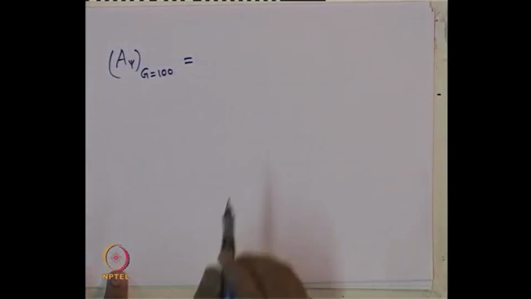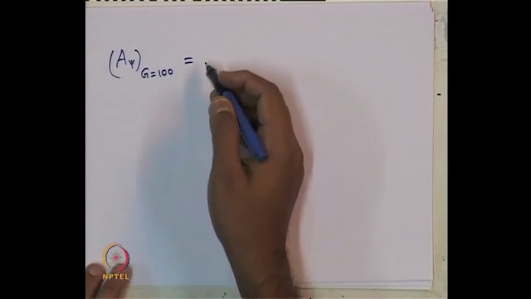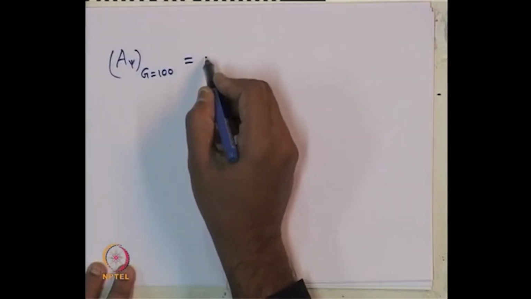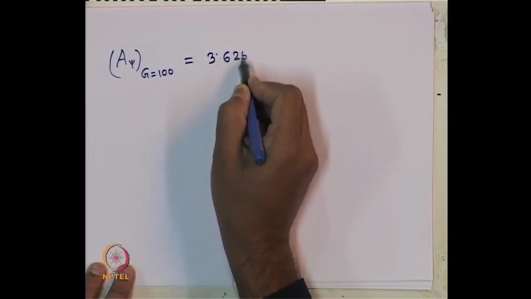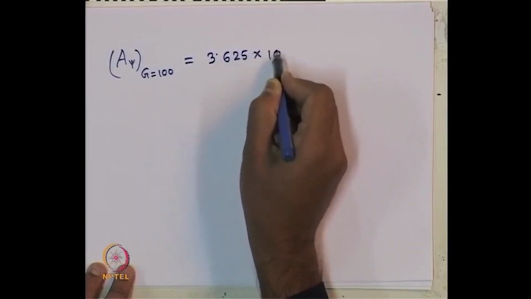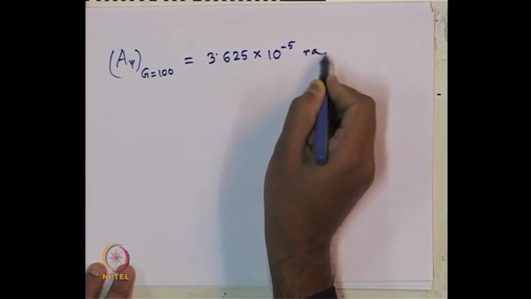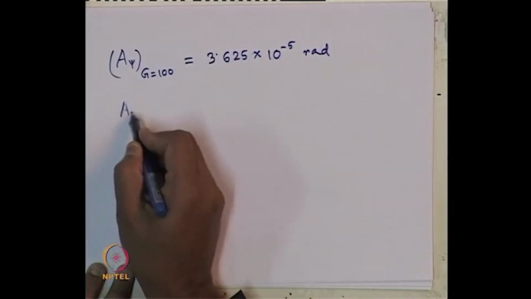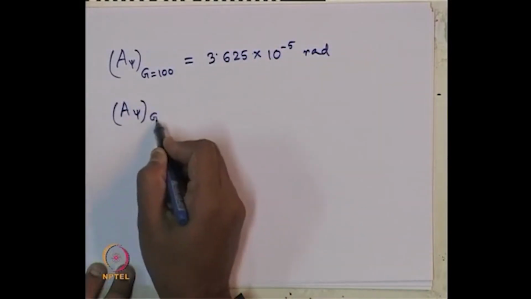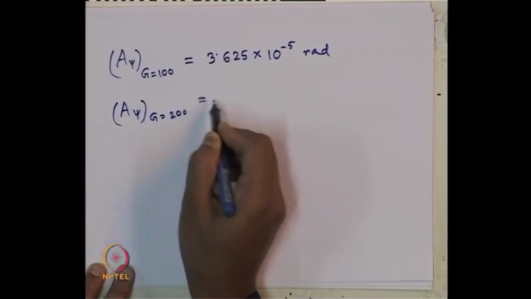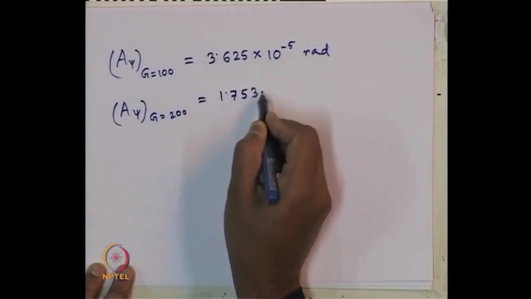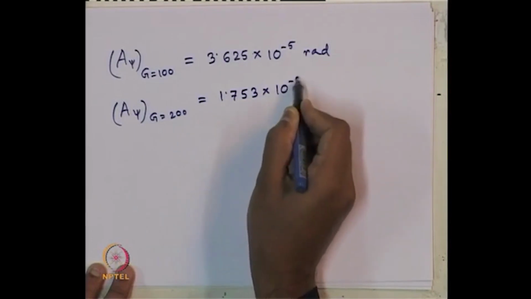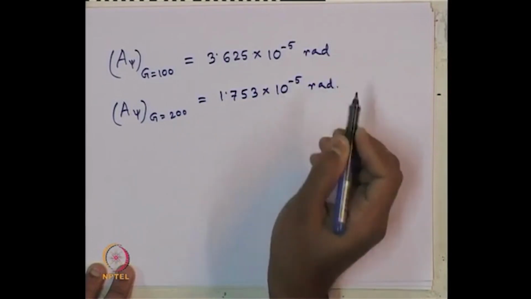So, by putting the corresponding value, we should get the same displacement as we obtained for the constant force type case. And A psi for G equals to 200 is coming 1.753 into 10 to the power minus 5 radian.